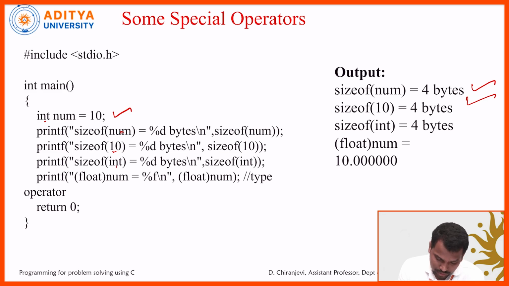Then I passed a data type, integer, so it occupies 4 bytes. Next, float. This is the typecasting operator. Actually the number is of type integer, so I used a typecast operator here, that is float. Now your value will print as float, so 10.60.